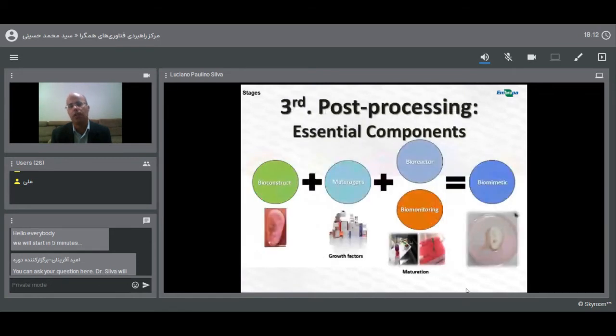In this way, the final bioconstruct could be directly used, or it could be matured using maturogens in some bioreactor under biomonitoring processes in order to produce the final biomimetics when applying growth factors and also other maturogens.